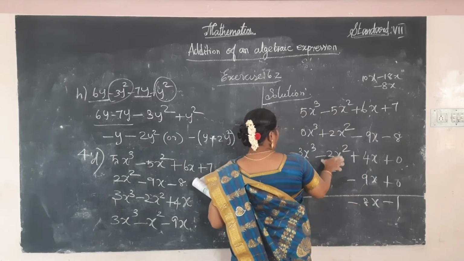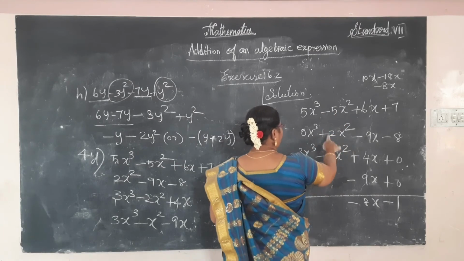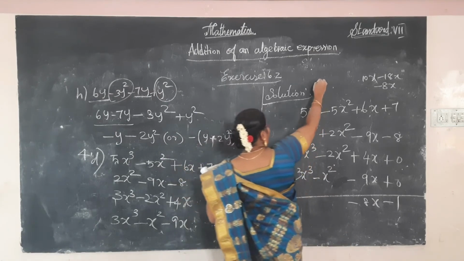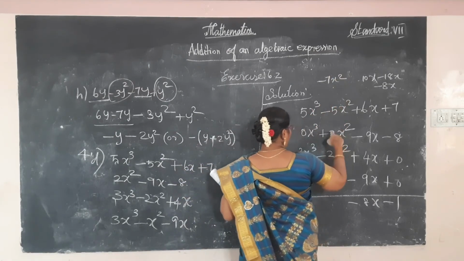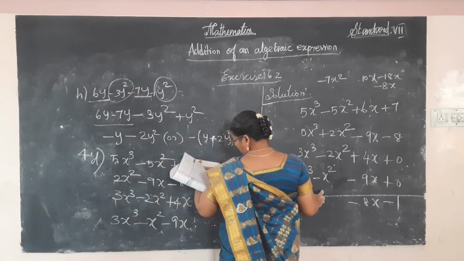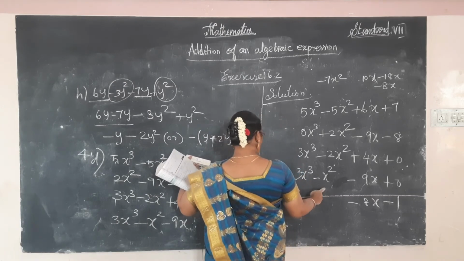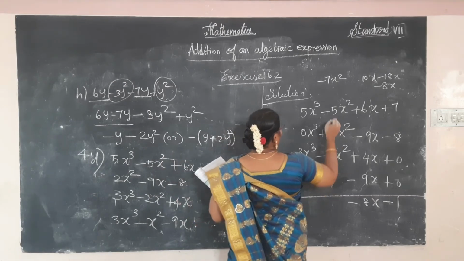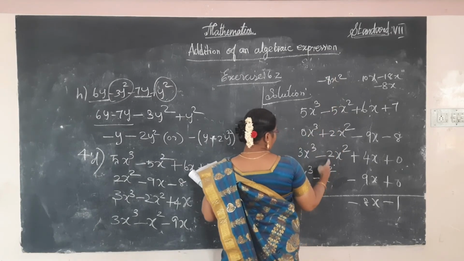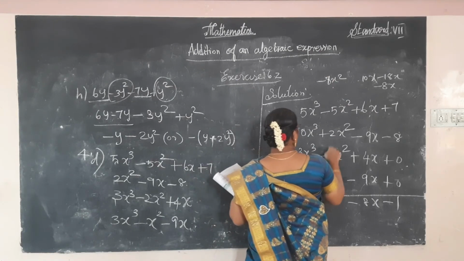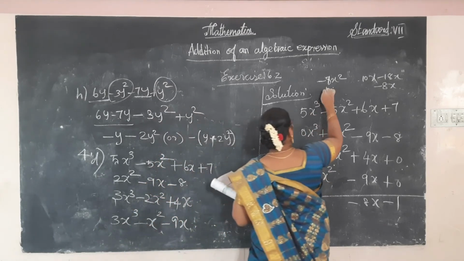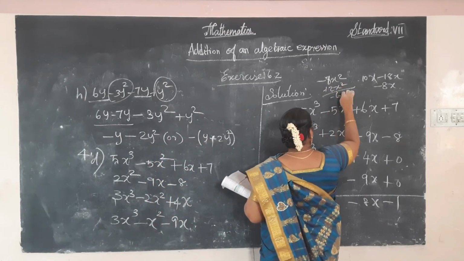Next we solve the same way. Minus 5x squared minus 2x squared, so minus 7x squared. So three values are negative and added with the positive one. 3x squared minus 7x squared... minus 5x squared minus 8x squared plus 2x squared, we get minus 6x squared.